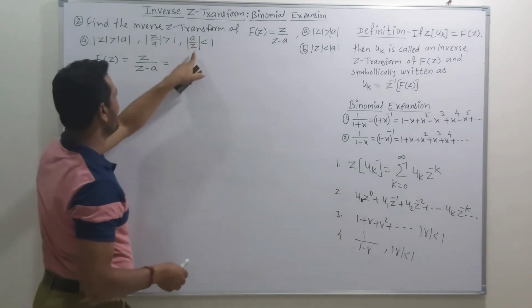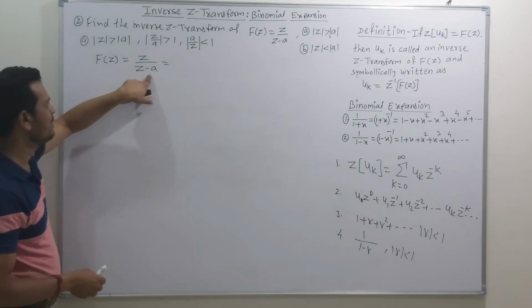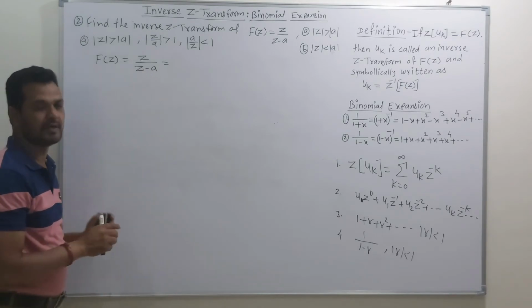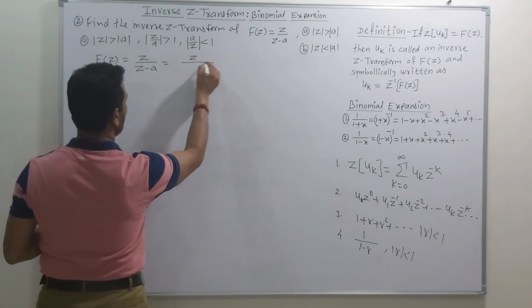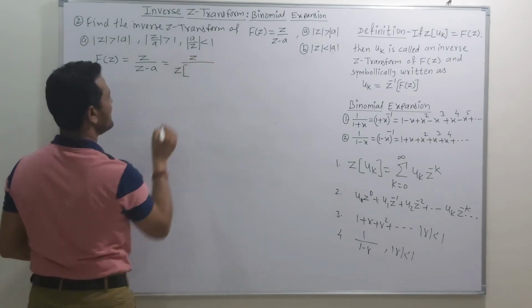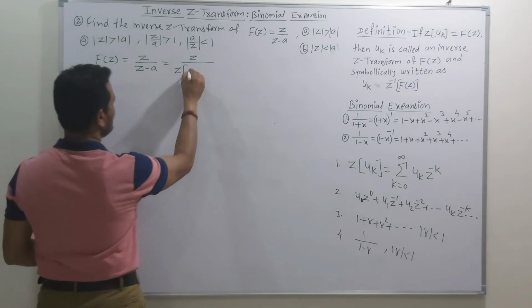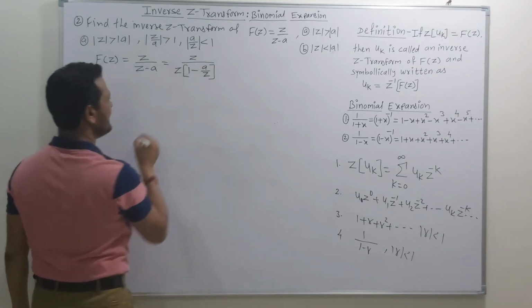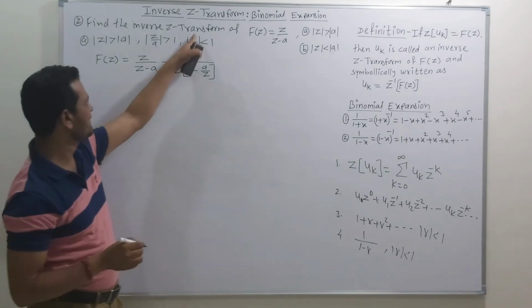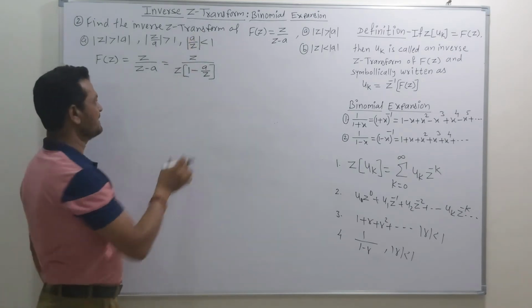Now to get the value of a by z from this denominator, we can take the term z common, so that we get this as a by z. So now this is z as it is. If we take the term z common from the denominator, then this is 1 minus a by z. So we take this z common, so that we get this a upon z as the r term.